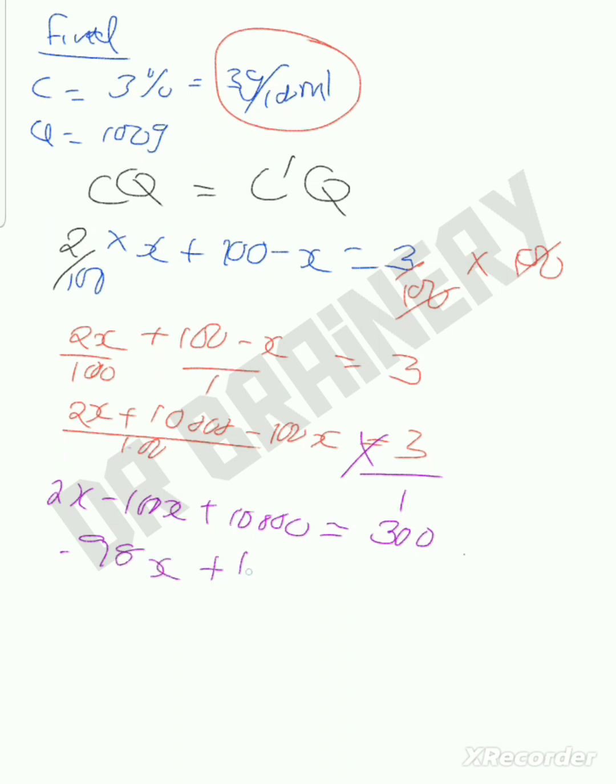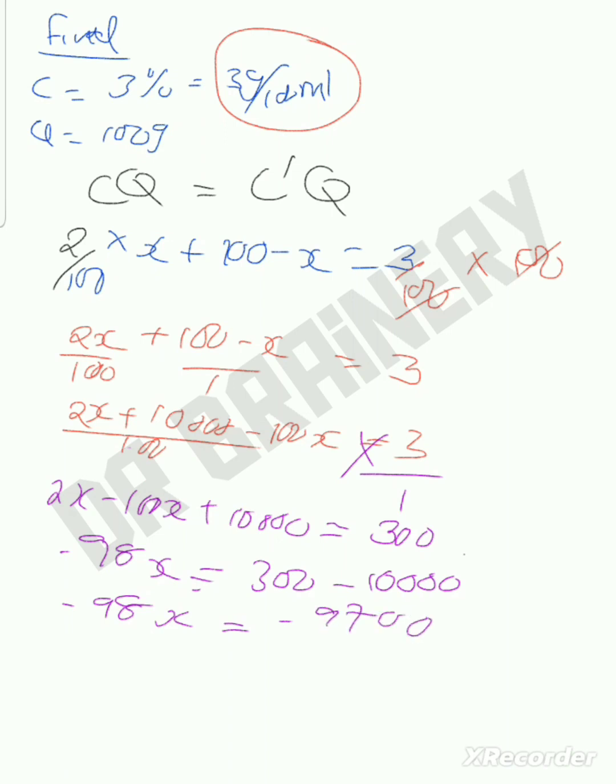Then 2X minus 100X is negative 98X, plus 10,000, which can also be written as equal to 300 minus 10,000. Then negative 98X is equal to 300 minus 10,000, which will give us negative 9,700.